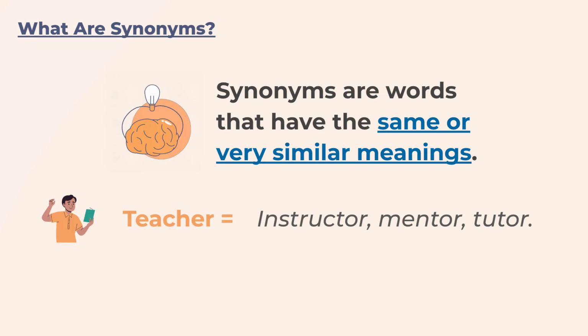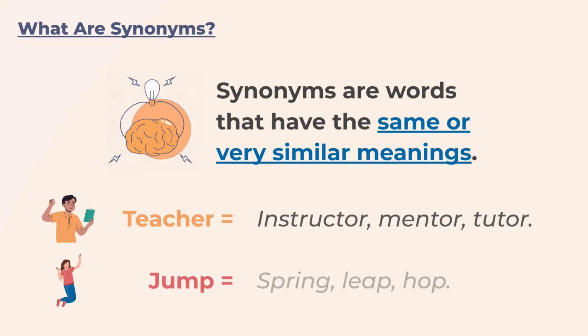So they're often used in slightly different ways. And here we have jump, and some very similar and close synonyms would be spring, leap, hop. Again, if we look at hop and jump, they're similar but not exactly the same. So just want to stress, synonyms do not always have the exact same meaning, but they're very similar.